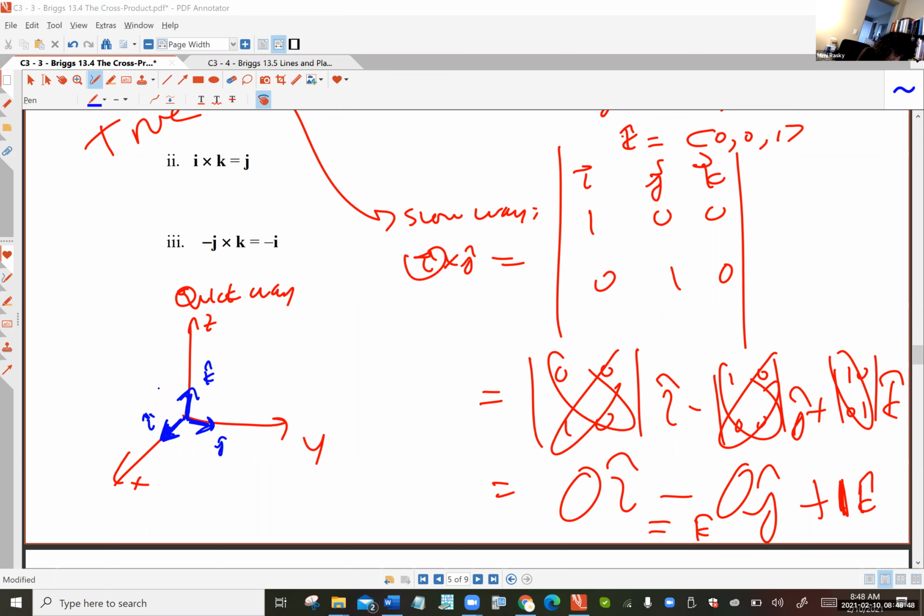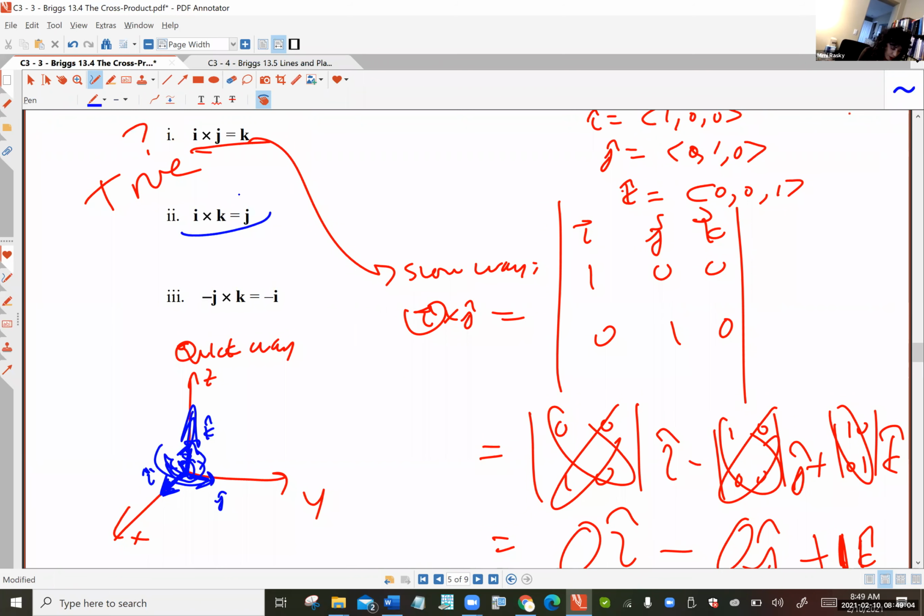So if you take your fingers and start curving them first through i, then through j, your thumb should be pointing straight up in the k direction. So it is going to give you k.